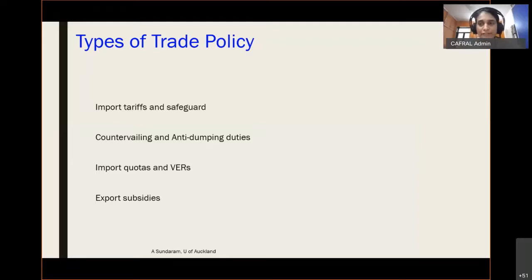And when you have productivity differences in the tradable sectors, but you don't have productivity differences in non-tradables, then what can happen is, let's say you have the US and India. The US is way more productive in computers. India is not as productive in computers, but the productivity levels in haircuts in both the US and India are the same.